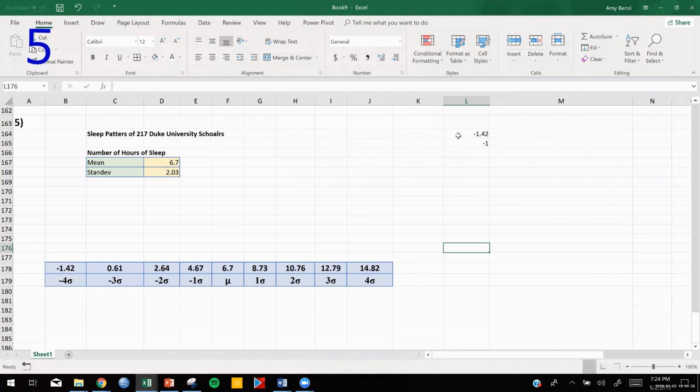And now what I'm going to do is create a list that goes from negative 1.42 all the way to 14.82. And I'm just going to count by, I just chose negative 1, so now all of these values are going to be raised by 0.58. So I am going to simply select these 2 cells.